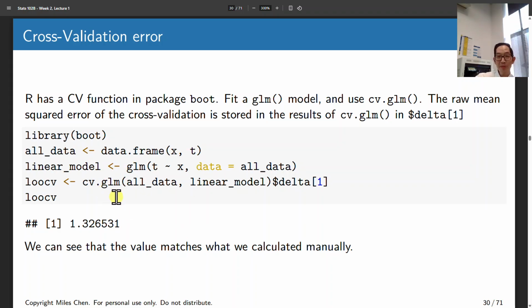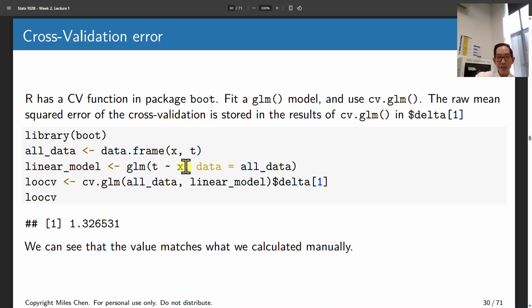There is a cross-validation function built into R in package boot. So you can use boot to do bootstrap, but also to do cross-validation. You do this by fitting a GLM, which is similar to fitting an LM, at least in its usage.